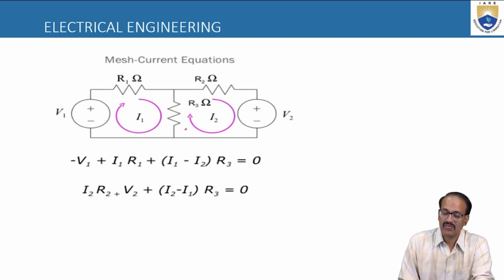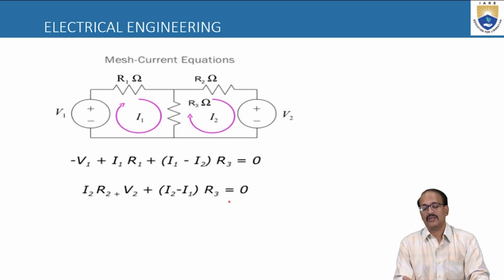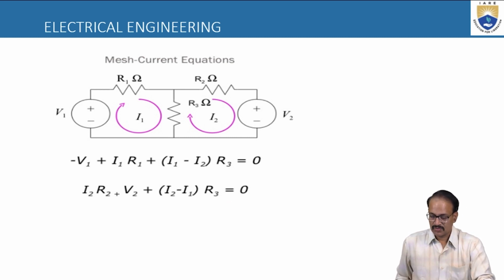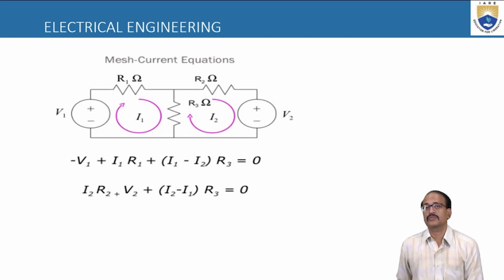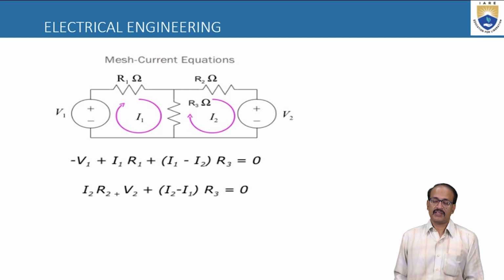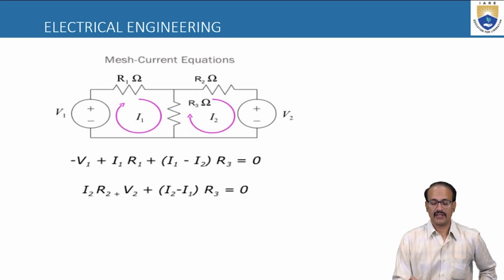And coming to the R3, which is common for both the loops, I2 minus I1 into R3. So this is how we are going to make the mesh loop equations, for loop 1 and for loop 2. So if there are two loops, we are getting two equations. If there are three loops, we will get three equations.